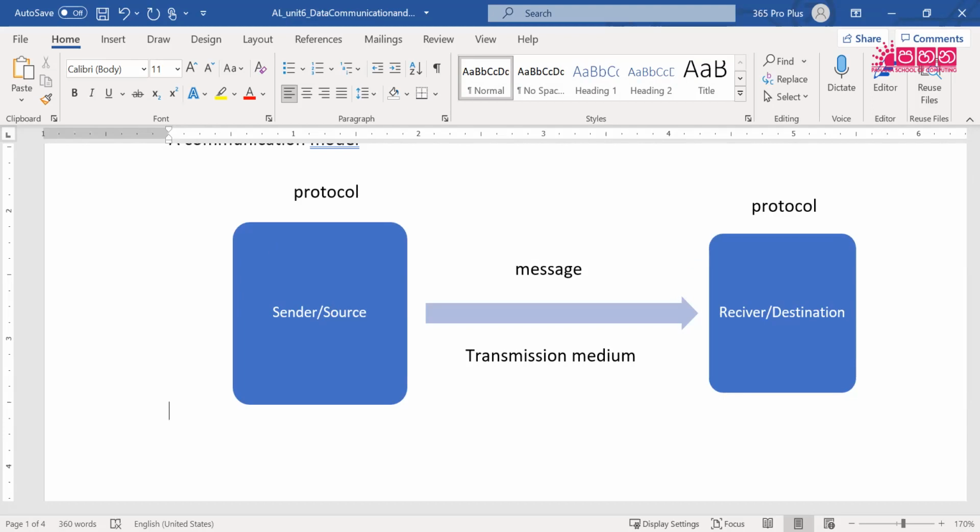We will have sender, source, put bullets here.